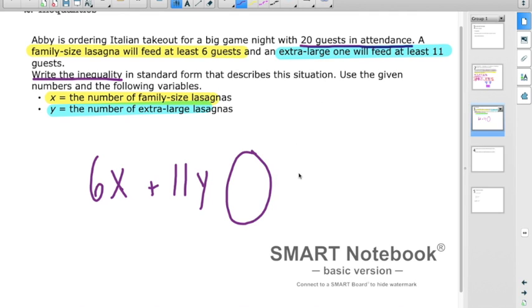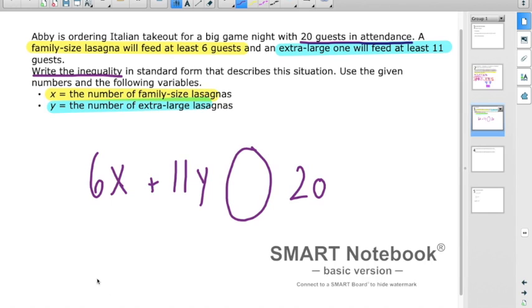Then it's a matter of what sign goes here in this circle. Because it's going to be less than 20, greater than 20, less than or equal to 20, greater than or equal to 20. If we want to feed at least 20 guests, right? We want to feed at least 20 guests. Well, that tells me I'm going to want this to be greater than or equal to 20.